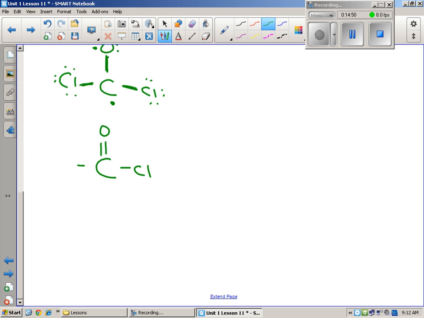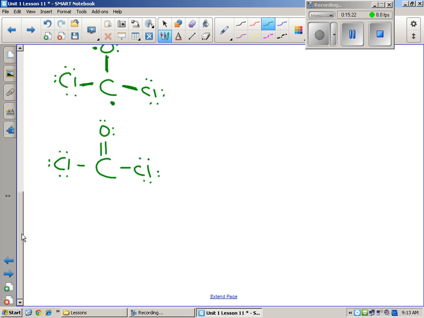Now, I'm going to tell you, that's not the best diagram, right? Valence shell electron pair repulsion, VSEPR, says the valence shell electrons that are being shared here, they want to pair and repulse each other.